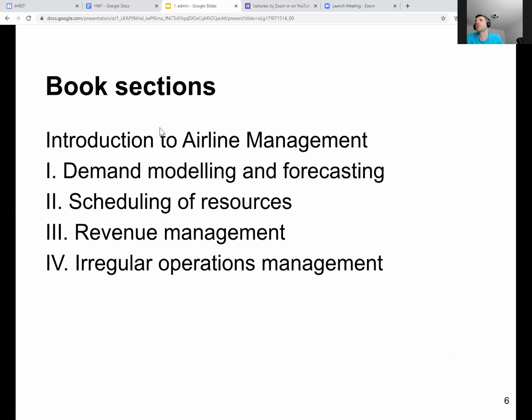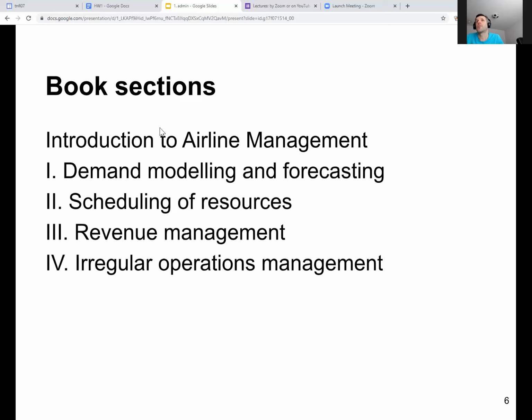Demand modeling and forecasting is important, and we will have a slide at least with the processes that go on during airline management, when we go into resource scheduling, revenue management, and something else. We will see how it fits into the general airline management perspective.